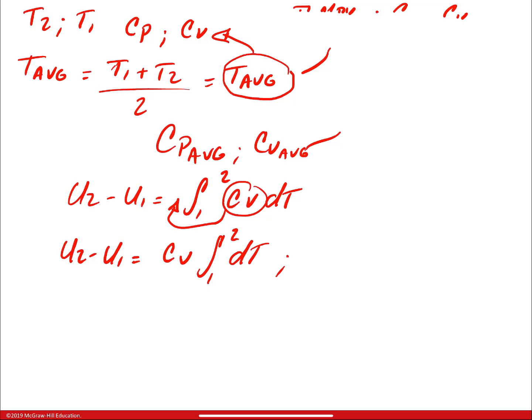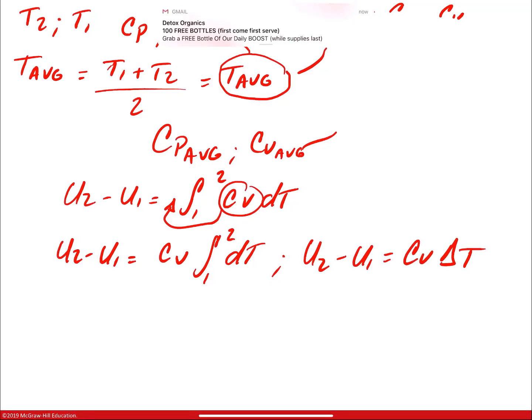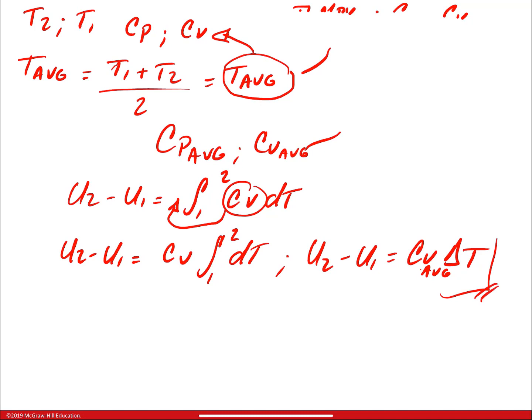And if I keep solving this, U2 minus U1 will be equal to CV delta T. And just remember that the CV will be a CV average. And this equation, I have fully developed in order to find internal energy using CV.